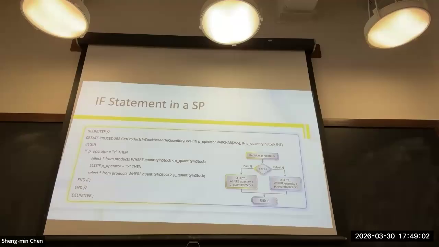Okay, and in this case, you're just comparing if the operator is a smaller sign or larger sign, and then if it's smaller sign, you will compare if your current quantity is smaller than your quantity in stock. If it's larger, you're just comparing whether or not the filter is larger than your quantity in stock.